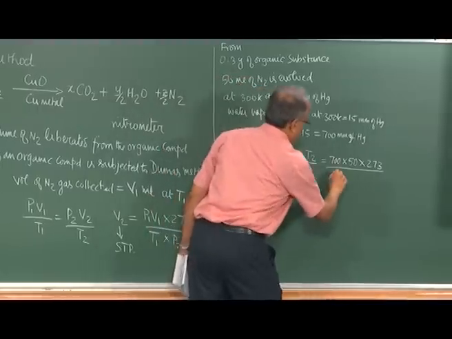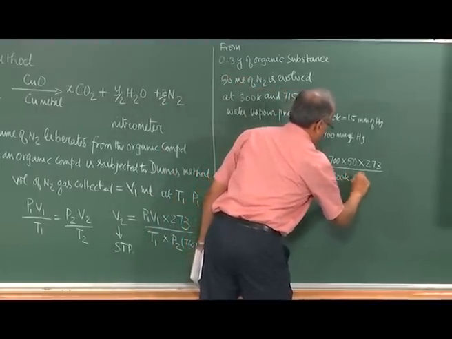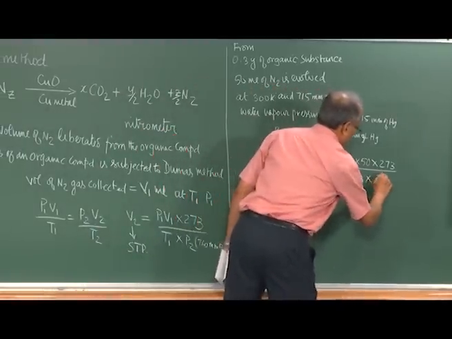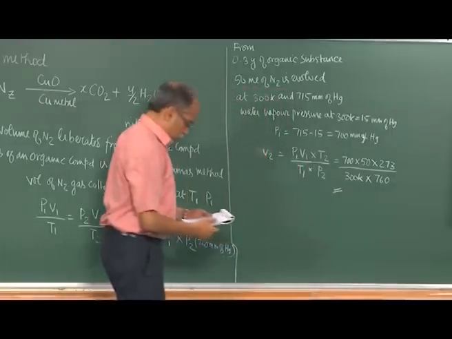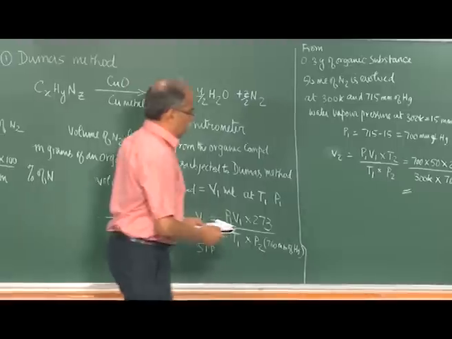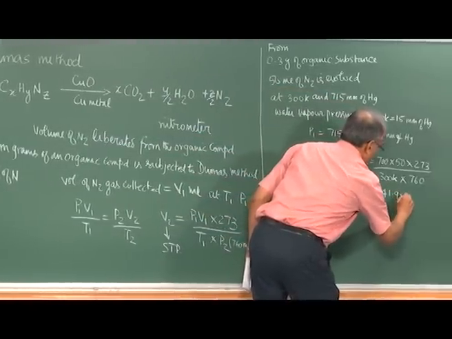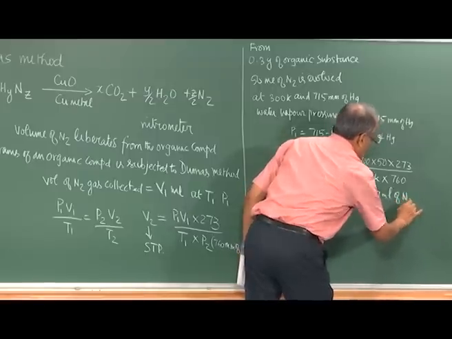T1 is given as 300 Kelvin and P2 corresponds to 760 millimeters of mercury, which would be 1 atmospheric pressure. If you solve this, it amounts to 41.9 ml of nitrogen collected at STP.